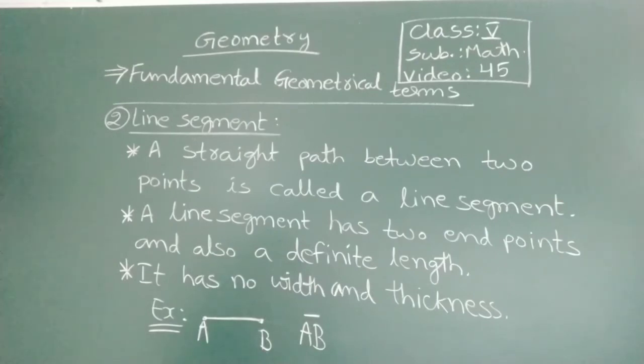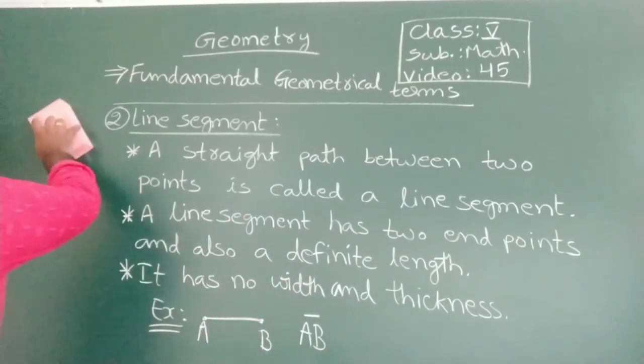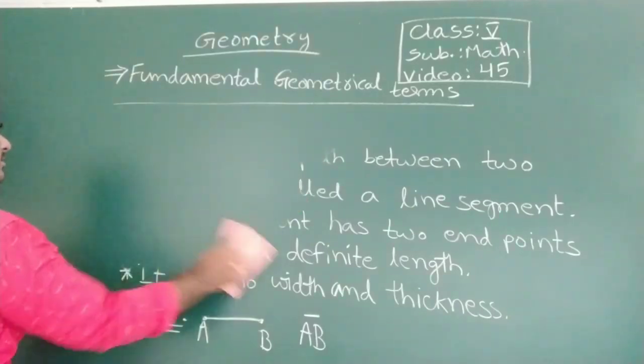And the first diagram is the actual diagram of a line segment. So a straight path between 2 points is called a line segment. So between A and B, there is a straight path. Understood?